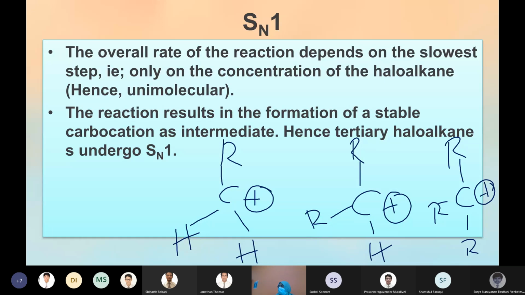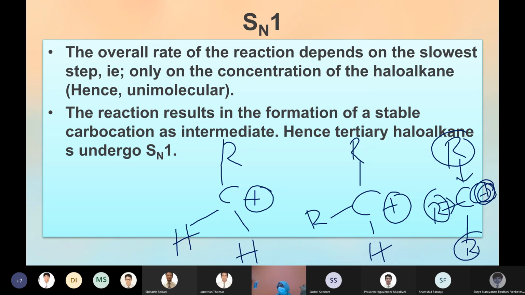Inductive effect and hyperconjugation mean the more the number of alkyl groups, the more they will be pushing the electrons towards the carbon, so the positive charge of the carbon will get reduced. That is the positive inductive effect. And hyperconjugation means the number of hydrogens in the alkyl group. So whatever is tertiary is the more stable carbocation. So tertiary would like to undergo SN1.